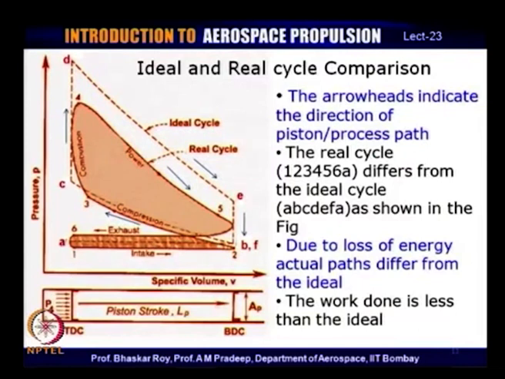So, we are going to have processes which are mostly irreversible, which means they undergo a certain amount of loss. This loss is in the form of loss of energy, and as a result the net work that is available outside of the system is going to be much less than what is conceived in the ideal cycle. And as we shall see here, the intake and exhaust processes are not on the same pressure line. These are the reasons because of which the real cycle differs quite a lot from the ideal cycle.